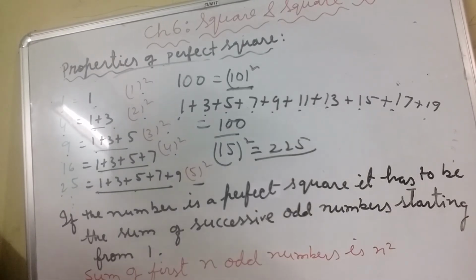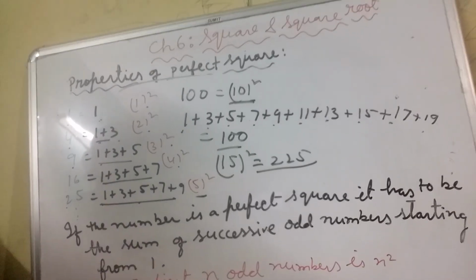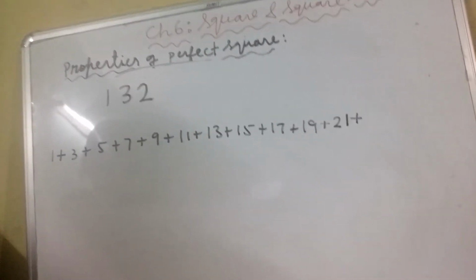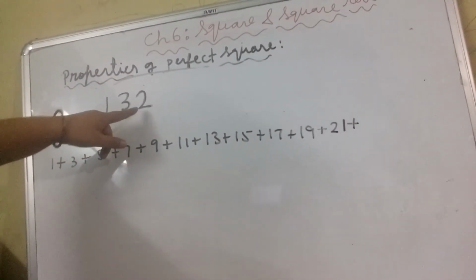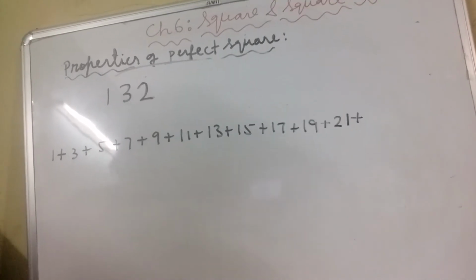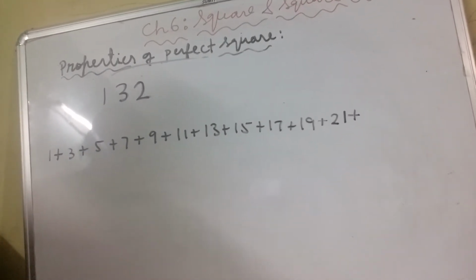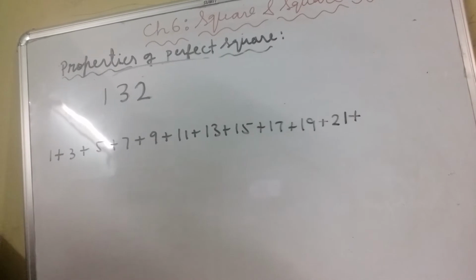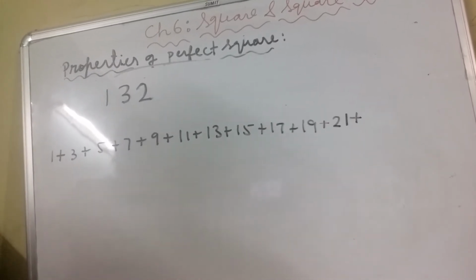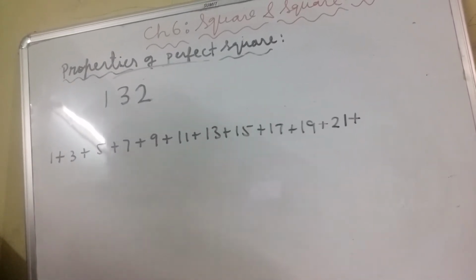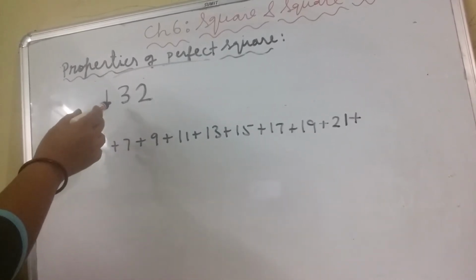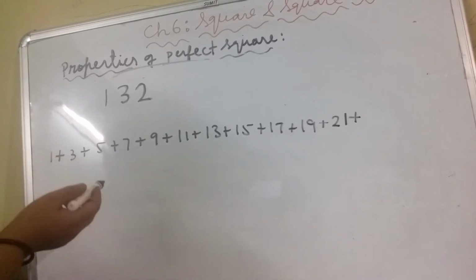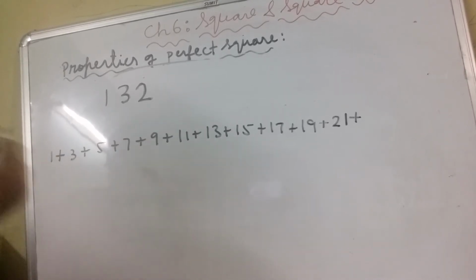Now I have taken a number, 132. Can we say whether it's a perfect square number or a non-perfect square number? If it is a perfect square number, we can express it as the sum of successive odd numbers starting from 1.